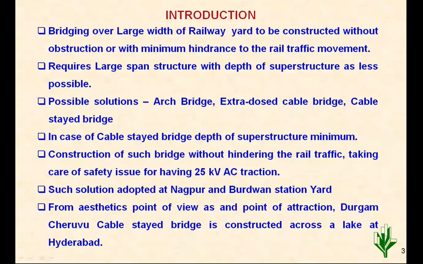Then in that case, the solutions available in the conventional way are arch bridge, extradosed cable stayed bridge, or cable stayed bridge. In case of a cable stayed bridge, the depth of superstructure is very minimum, and ease of construction is another advantage in case of such railway line bridges.